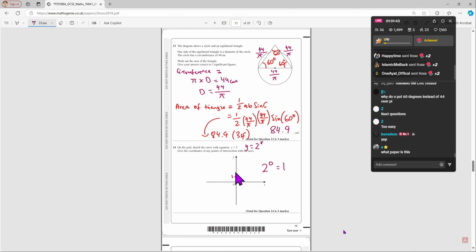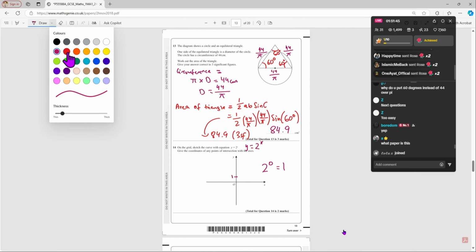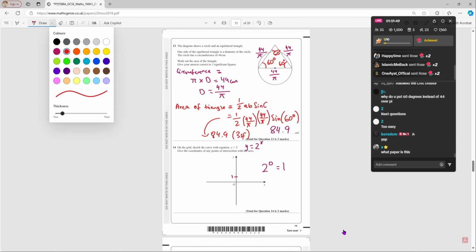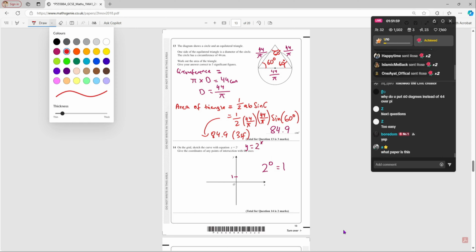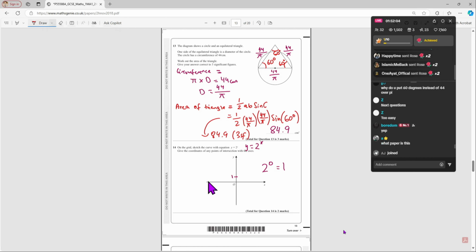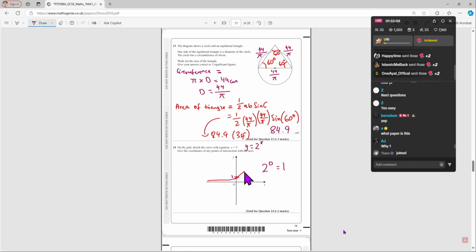This is the point where it will intersect our axes, okay? This is paper 2. And you should know that this type of graph, this index graph, always makes a shape like this. So our graph is going to be like this, and then when it hits the intersection point, it's going to go up like that, okay?